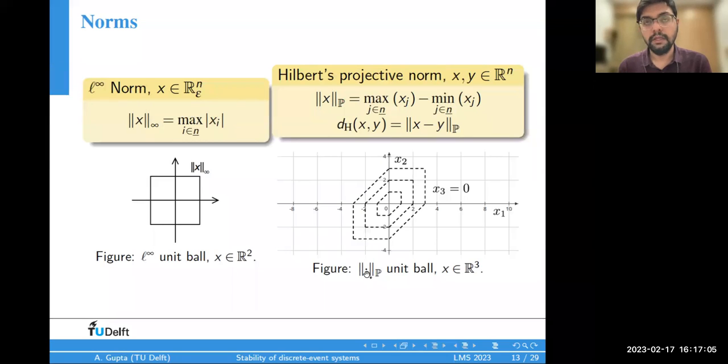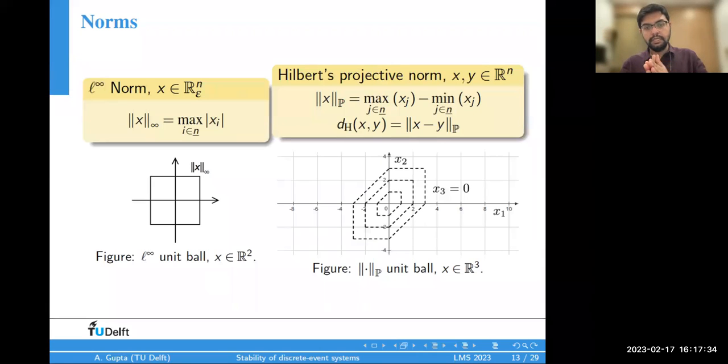The difference between these two is that the first one considers distance from zero. So if I say that the L infinity norm is being minimized, I would be reducing the volume of this square and shrinking it towards zero. For Hilbert's projective norm, it is actually the distance between rays.